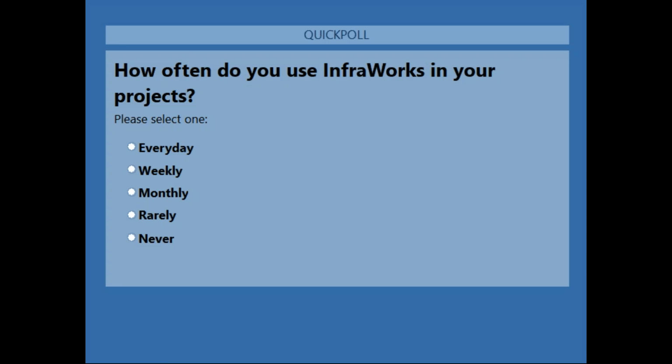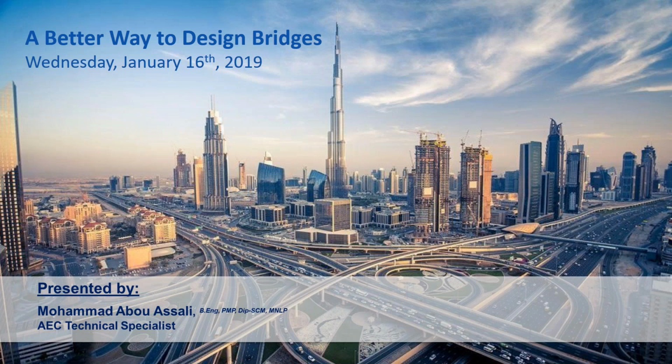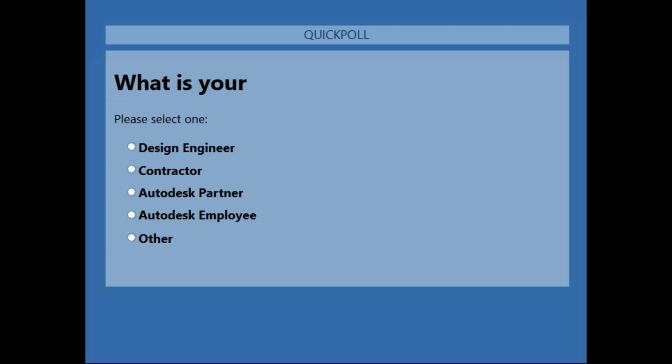The third poll question. What is your current role within your organization? Are you a design engineer, whether civil, bridges, traffic, anything? Are you a contractor, an Autodesk partner, an Autodesk employee, or some other role?